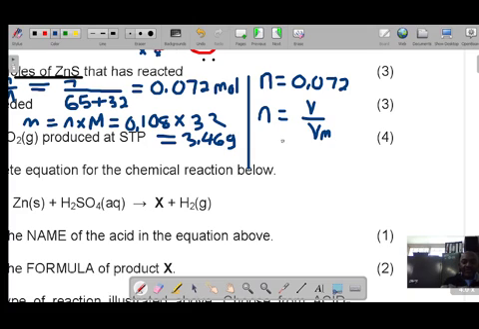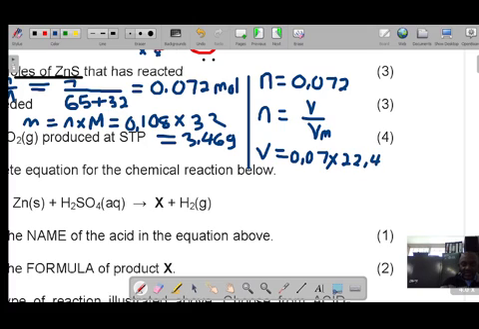So it means that to get my volume V, I'm going to multiply the number of moles, 0,072, by 22,4.